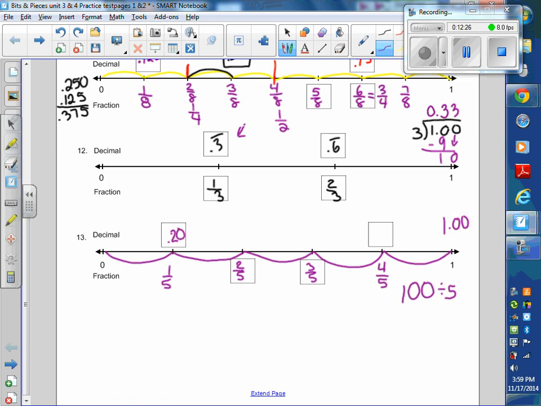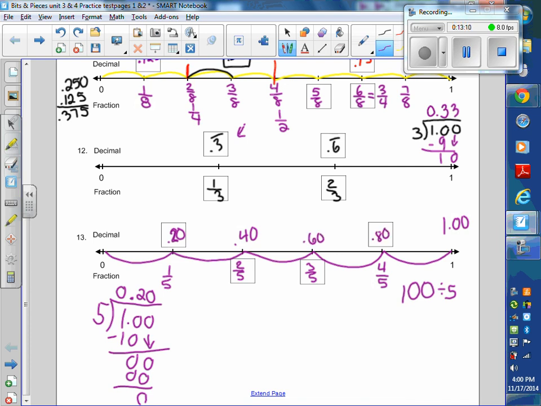If you're not sure, you're stuck with some long division. Five does not go into 1, but it does go into 10 twice. Then you subtract and get 0, bring down the 0. So 5 goes into 100 20 times. So $1 divided by 5 is 20 cents. 20, 40 cents. Now we're just counting by 20s. 60 cents. So this is 80 cents.